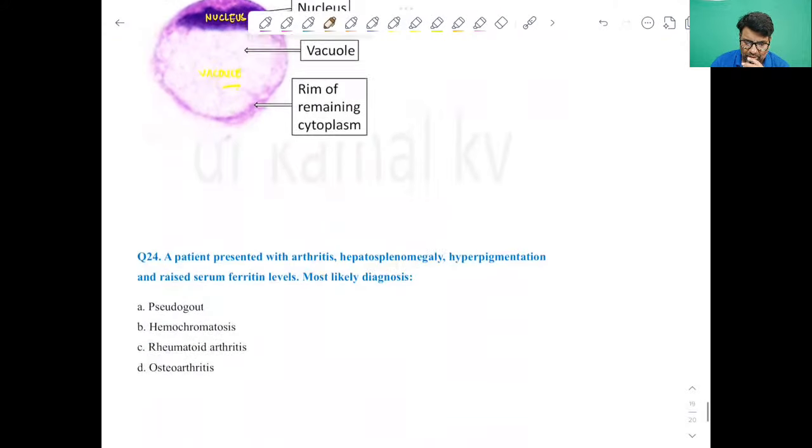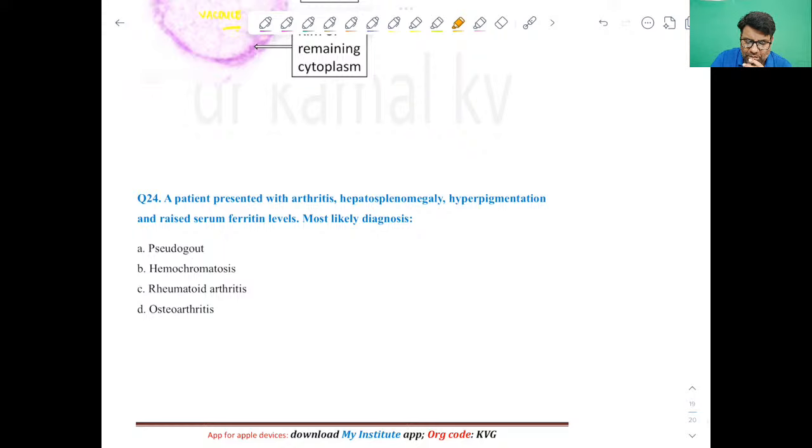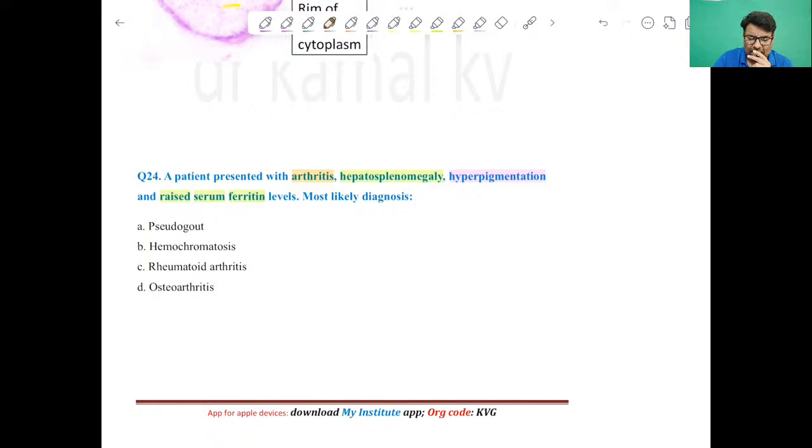Then moving forward to another question, where a patient was having arthritis, that is joint problem, there is enlargement of liver and spleen, there is increased skin pigmentation, and there is high serum ferritin level. So now what is happening here? Joint problem, okay.